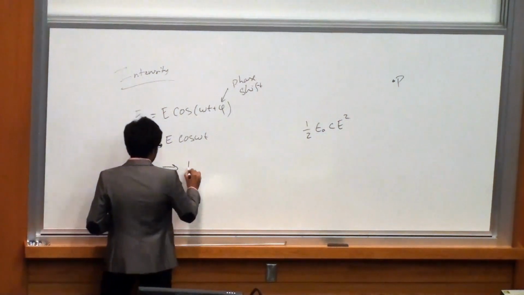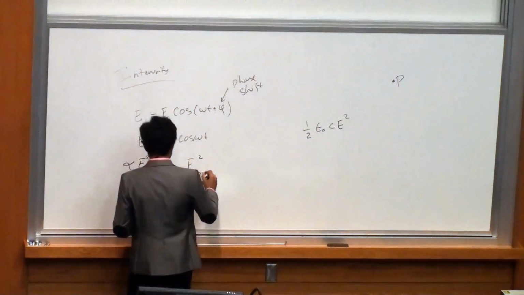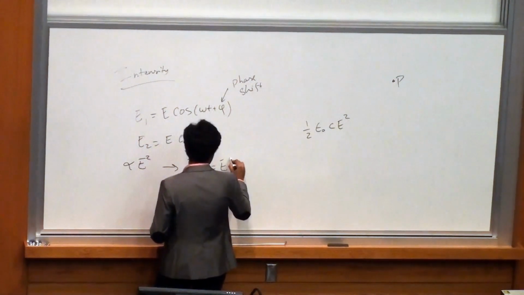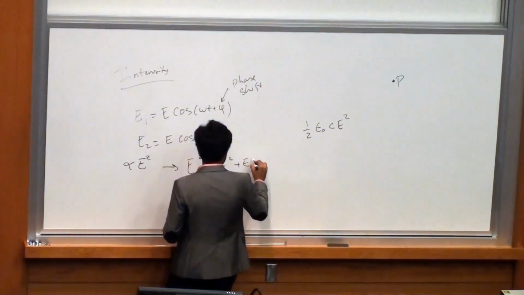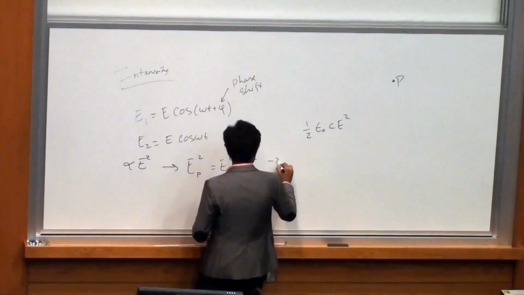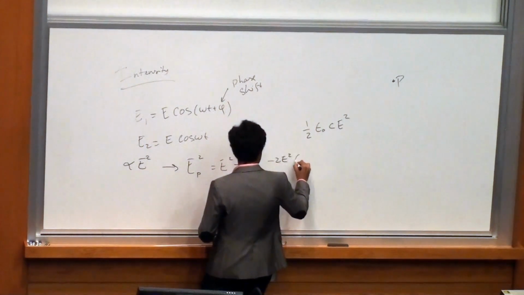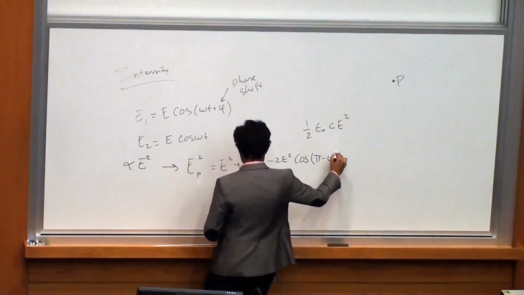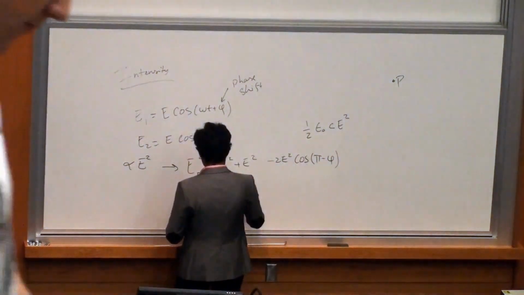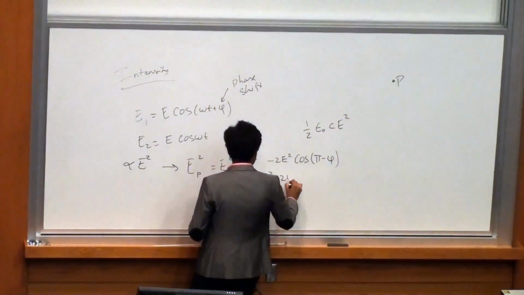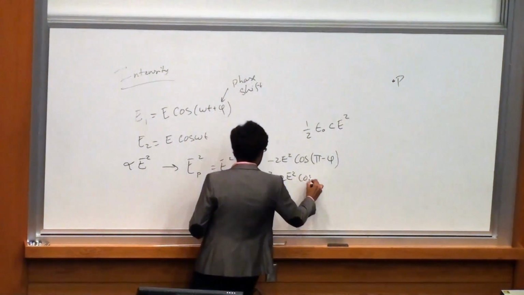So the electric field at point P squared is going to be equal to E squared plus E squared minus 2 E squared cosine of pi minus phi. This equals 2 E squared plus 2 E squared cosine of phi.